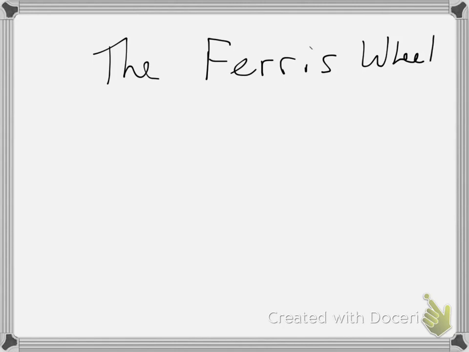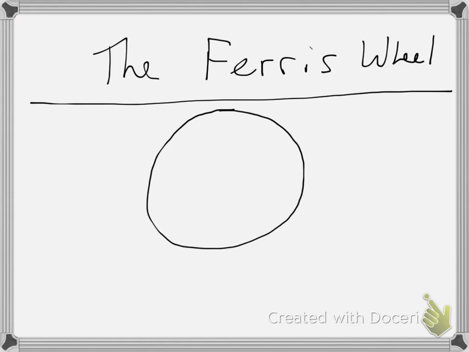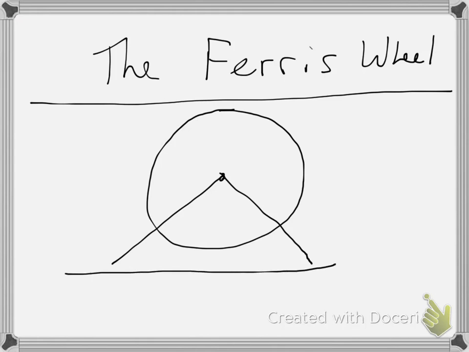Okay, so now let's talk about the Ferris wheel. Okay, so this is a discussion that your book has, but I wanted to make sure that we went over it so that things were clear. All right, so let's assume you have a Ferris wheel here, and it's locked into the ground and sturdy, and let's say that it's moving this way.